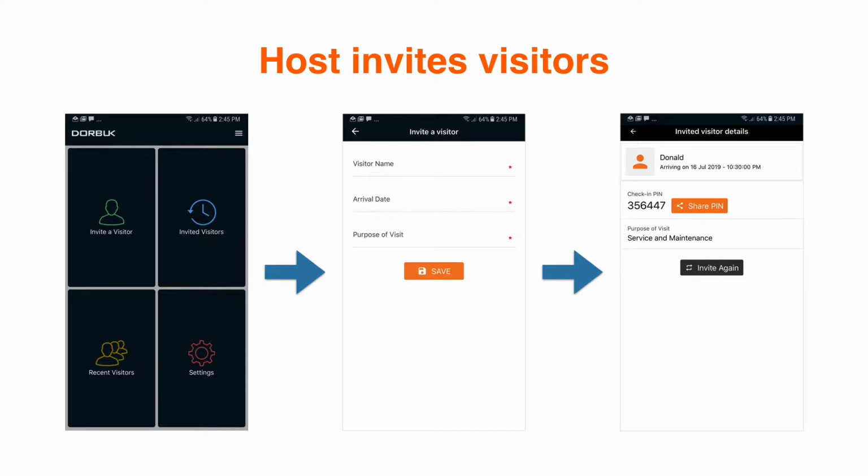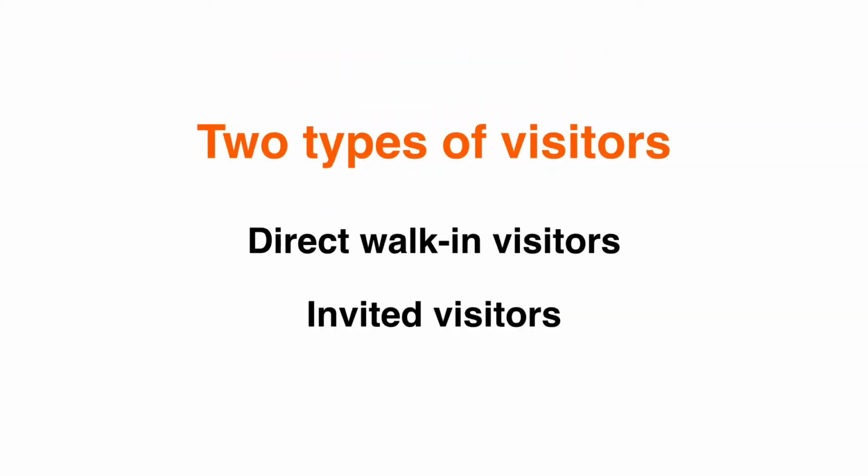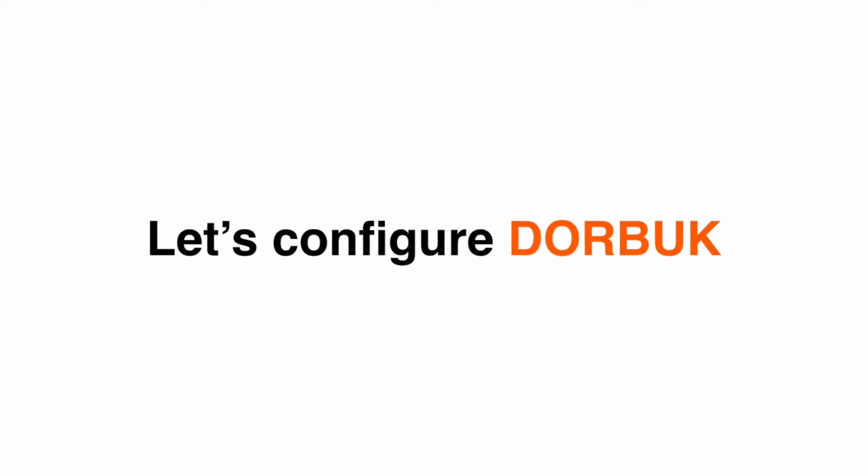Once the visitor arrives at the reception, they can check in to the facility using the PIN. Dorbuk can be configured for any of these two types of visitors, or it can be configured in a combined way so that you can manage both types of visitors. Now, let's configure Dorbuk for your organization.